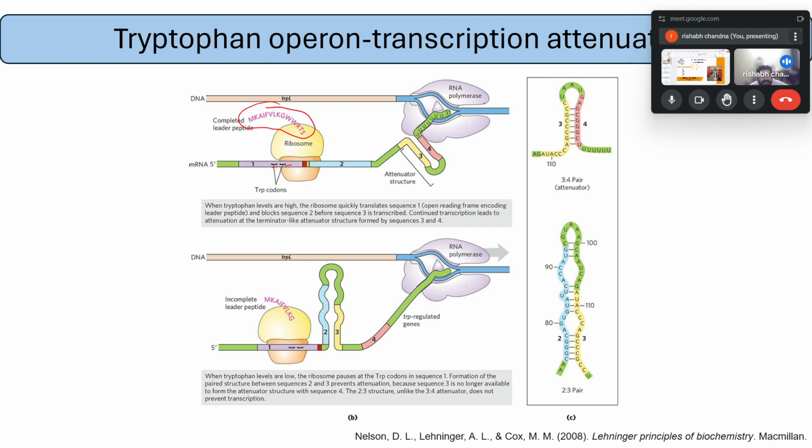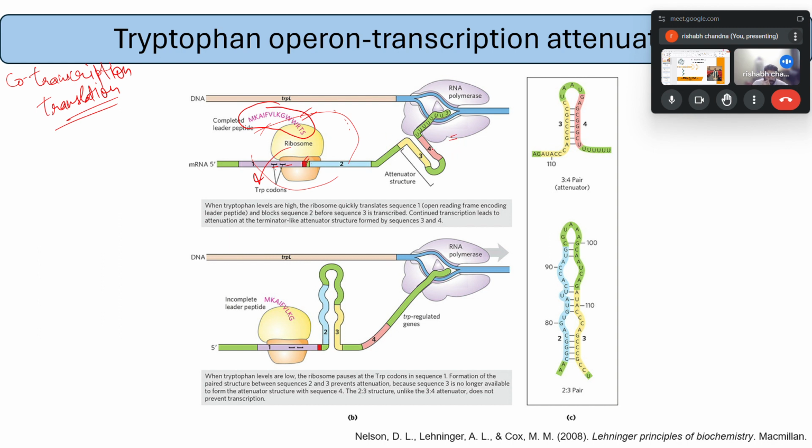And as you know, in prokaryotes it's co-transcription and translation, so the ribosome can bind and form the leader peptide. Because here it's a stop codon, it will move on from the mRNA and reconnect with the Shine-Dalgarno sequence of the structural gene. That's a different thing.